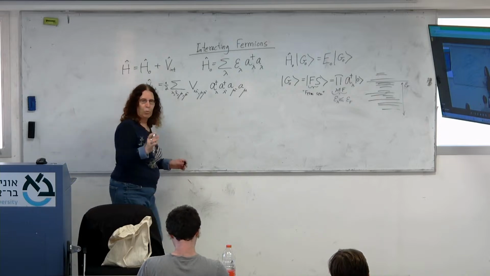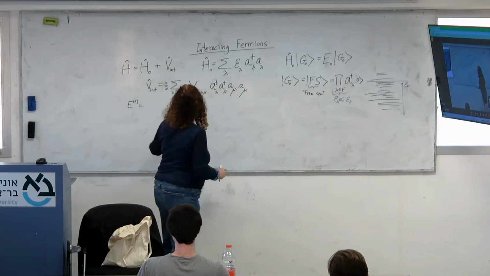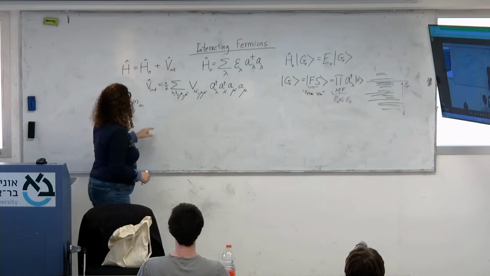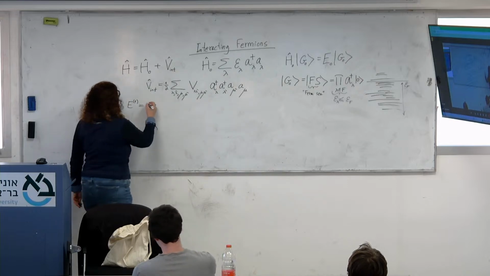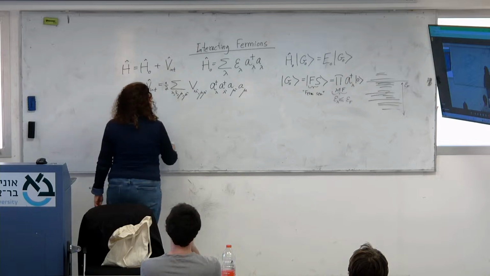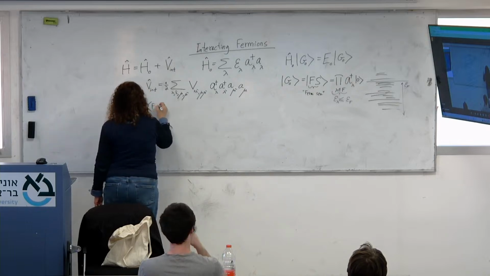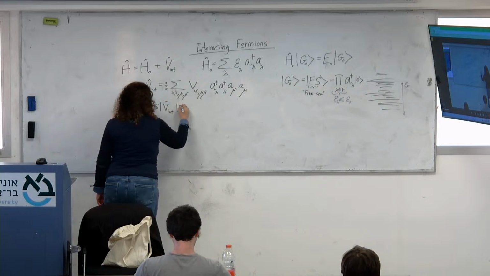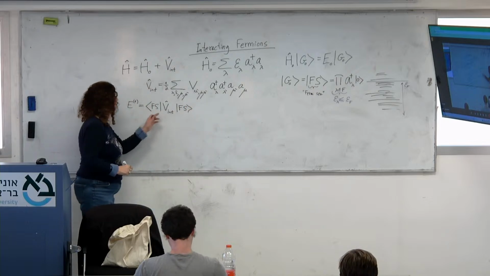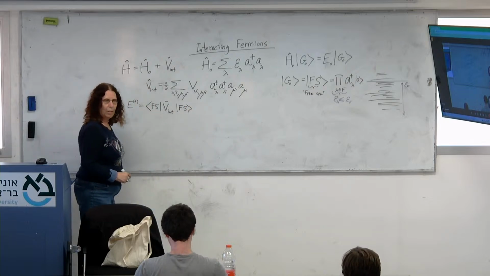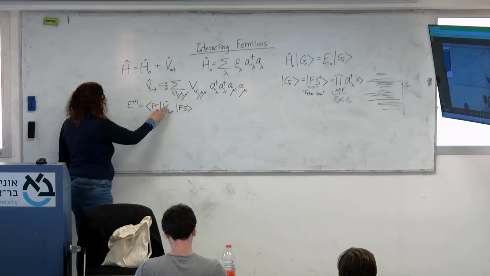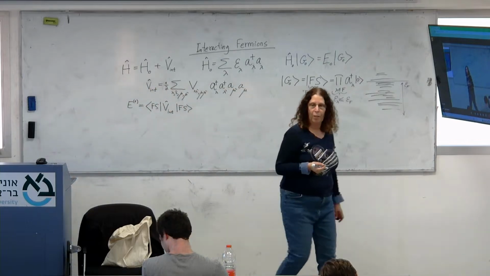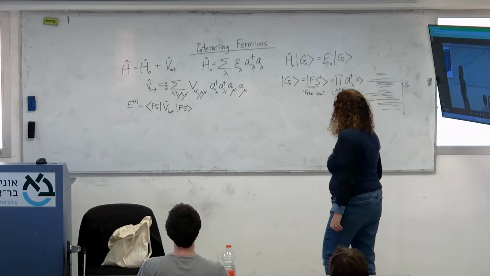This is always true in perturbation theory. You take the unperturbed Hamiltonian, which in our case is the single body part H naught, and you compute the matrix element or the expectation value of the interaction in the ground state, if this is a correction to the ground state energy, right? So we want to just compute the expectation value in the ground state of the non-interacting problem, okay?